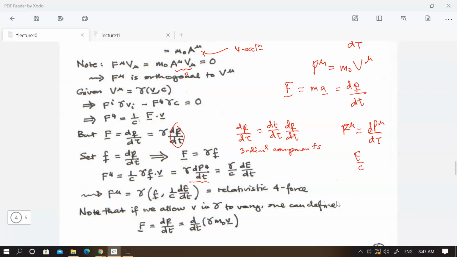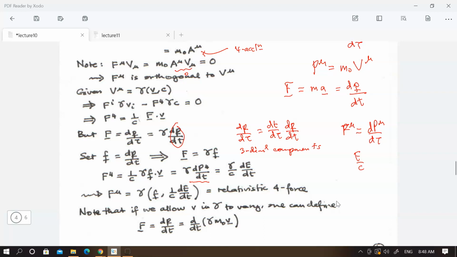So dp4 dt becomes 1 over c dE dt, and 1 over c dE dt is essentially the rate of energy change over time, which is related to this f dot v, something that we already know.